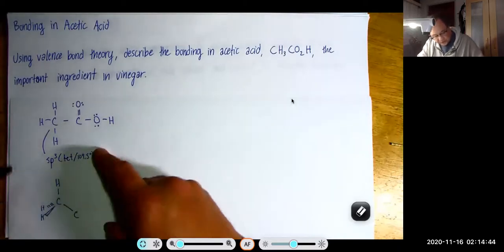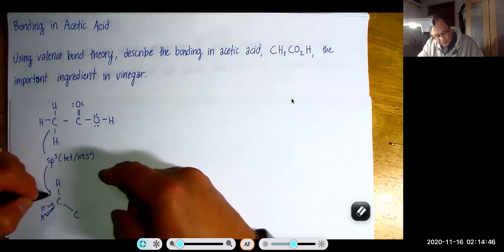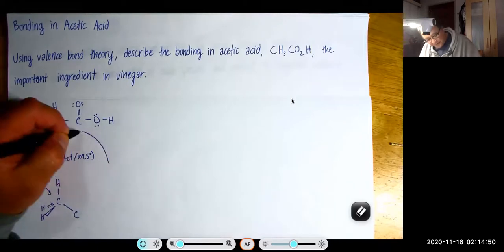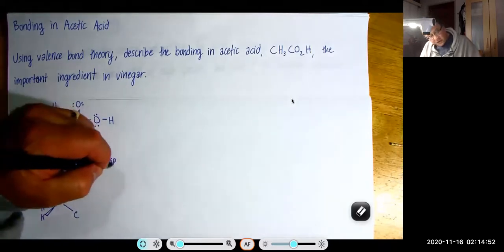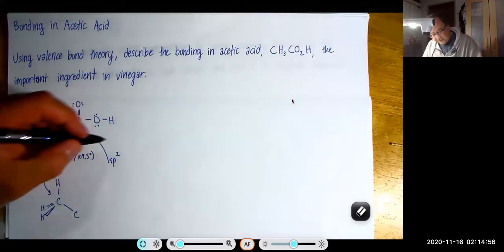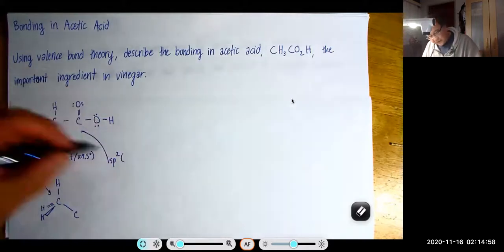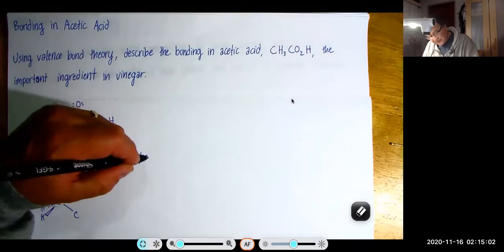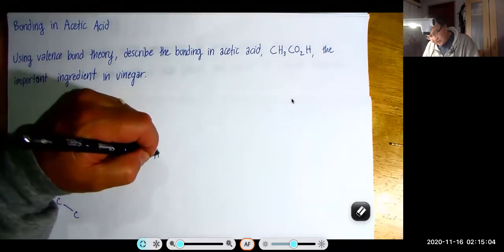What's this? So that's this carbon. How about this carbon? Well, this carbon is going to be sp2 hybridized because it's got 3 pair. And so that means it's going to be trigonal planar. You can see I'm abbreviating things. And that's going to be 120 degrees.